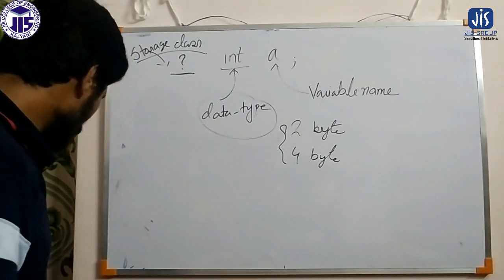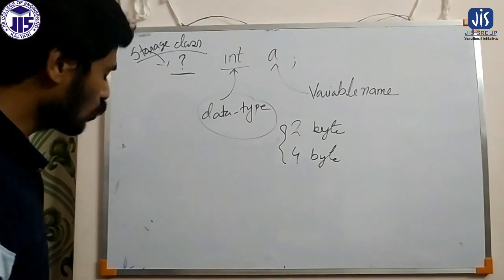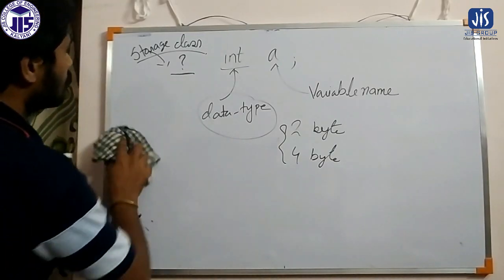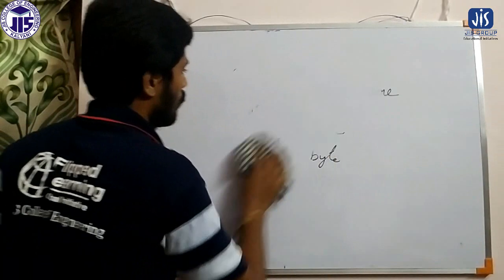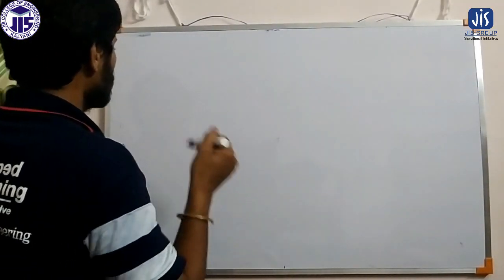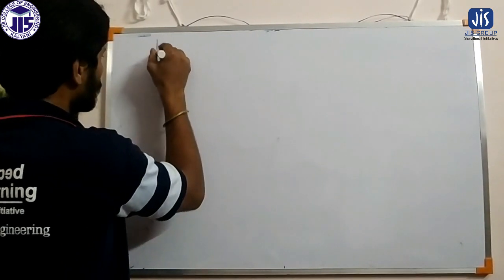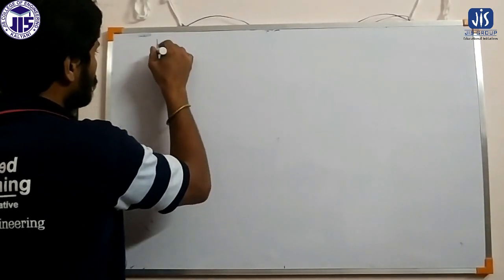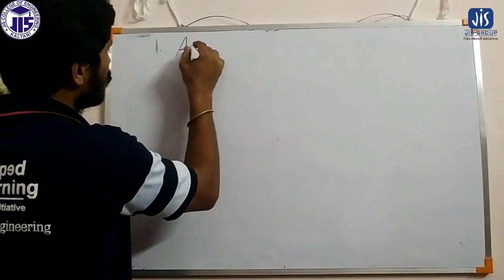So in C programming, we have 4 types of storage class. We will discuss them one by one. Number one storage class is automatic storage class.